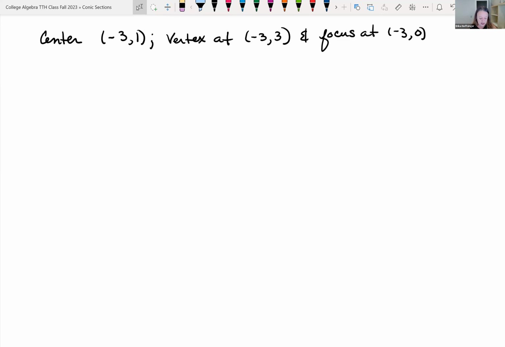And so plotting these points, I know my center is at -3, 1. So going to the left 3, up 1, I have this point here. My focus is at -3, 0.